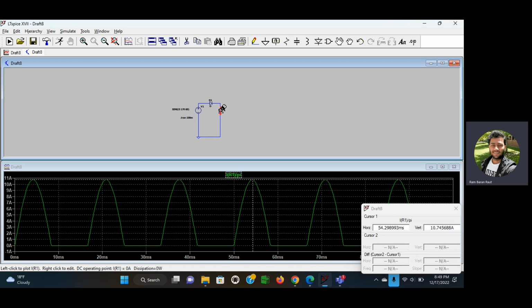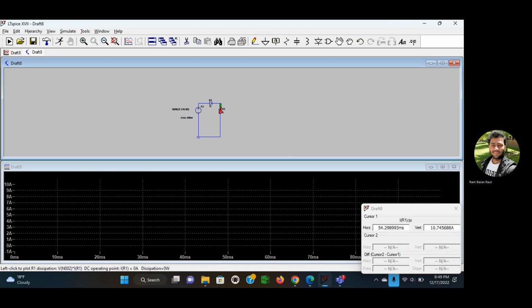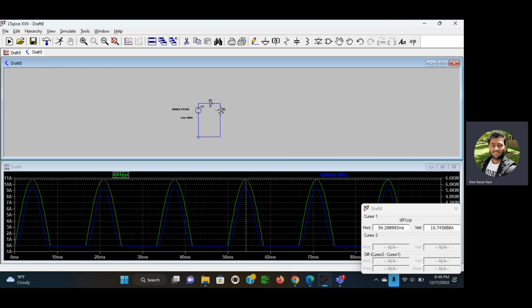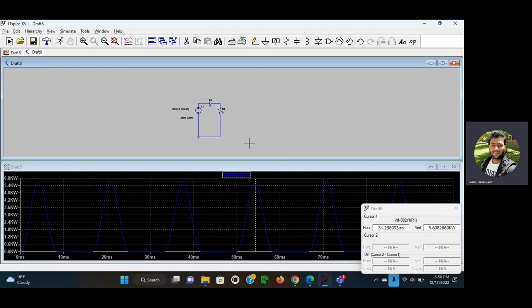So we got a power. So this is the power. The power right now we have this much, but we need to divide this by pi.